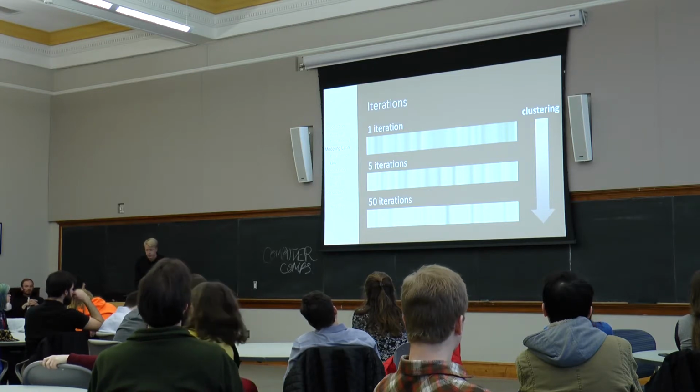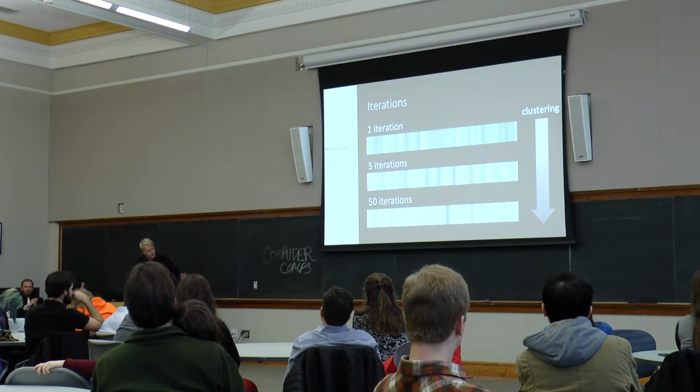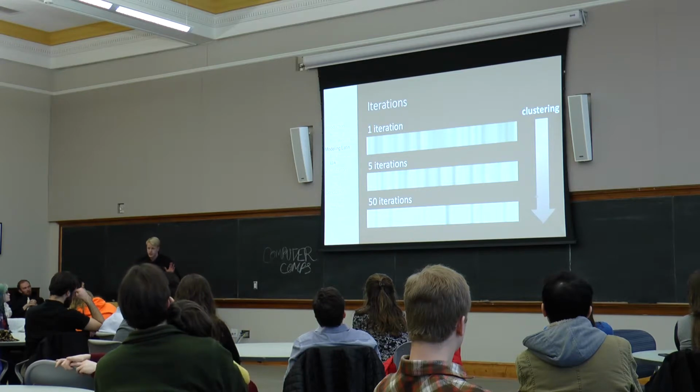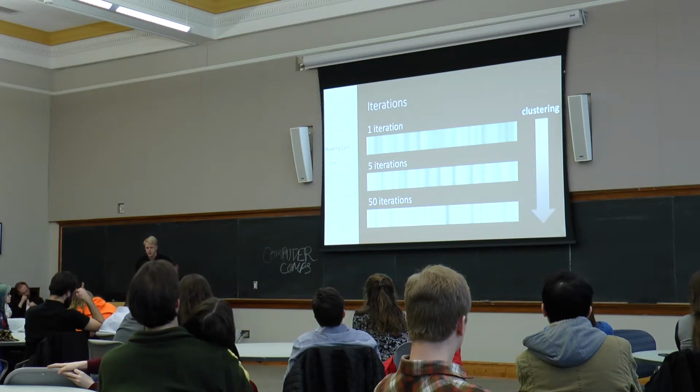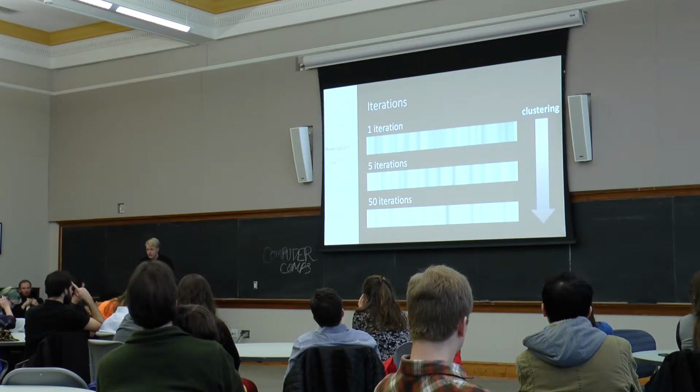The user also has to give the number of iterations of LDA that they want to be run. So these bars represent the prevalence of one topic across a corpus. And the darkness of the bar is basically how many words are being assigned to that topic in that location of the bar. So as you can imagine, the more uniform the bar, the less data clustering has occurred. So the topic is being sort of assigned evenly throughout.